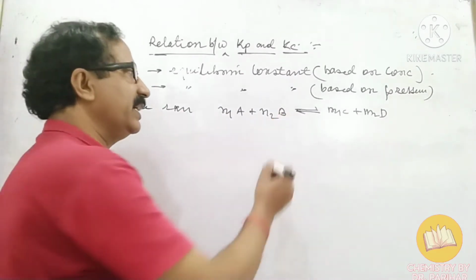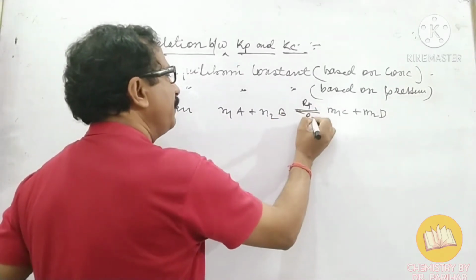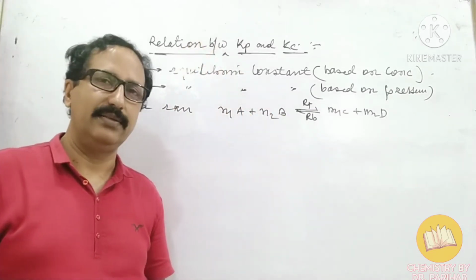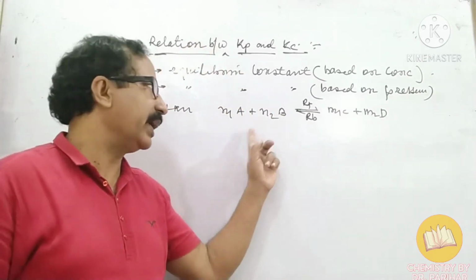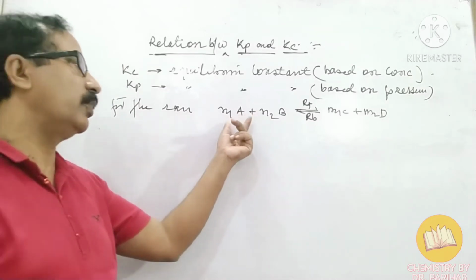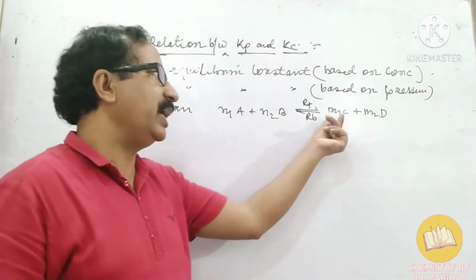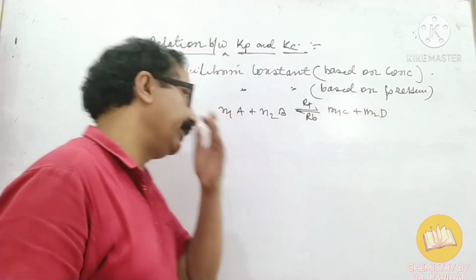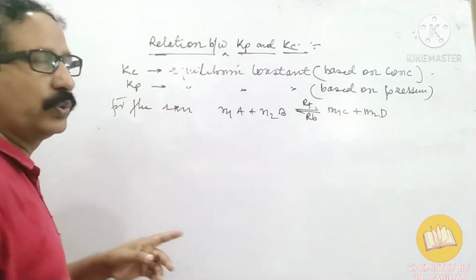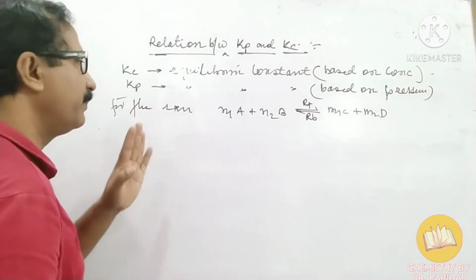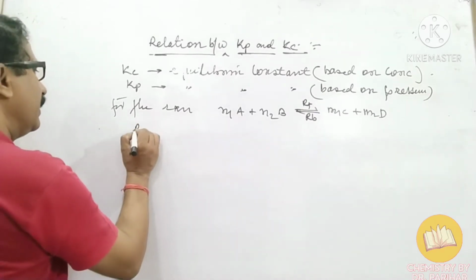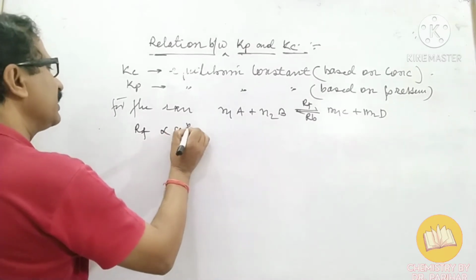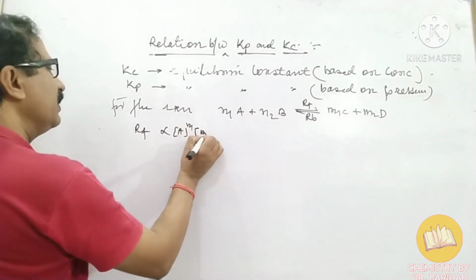This is the reversible reaction with RF and RB, and no doubt it is present at the equilibrium state. n1 and n2 are the coefficients of reactants A and B, while m1 and m2 are the coefficients of products C and D.